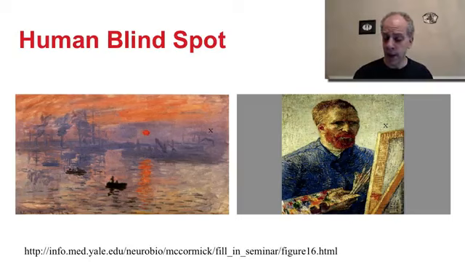I took these images from the website that is provided here. The basic idea is that if you manage to fixate, if you stand like a meter away from the screen and you manage to fixate on a point, like this point here, so you concentrate on fixating your visual system on that point, after a while, you will see that the sun disappears.